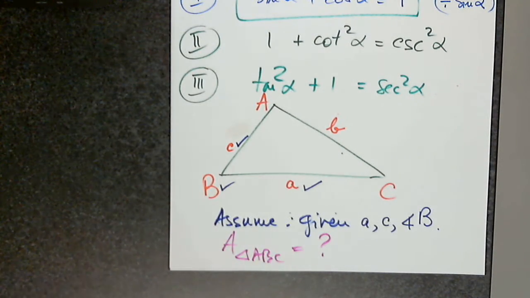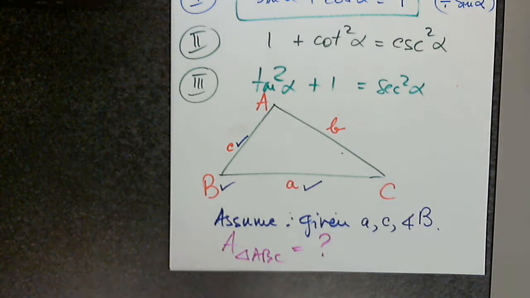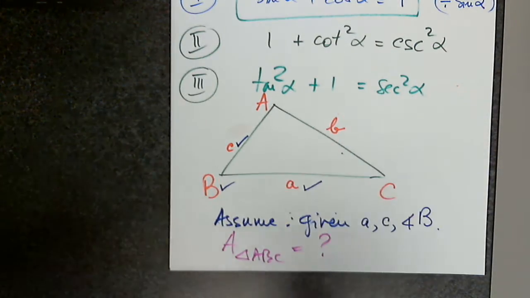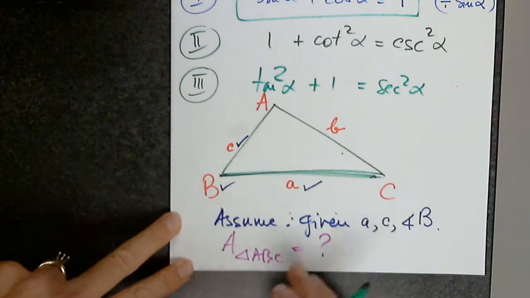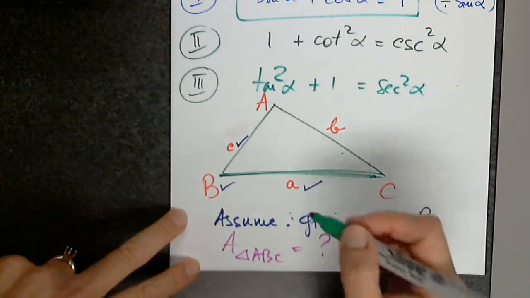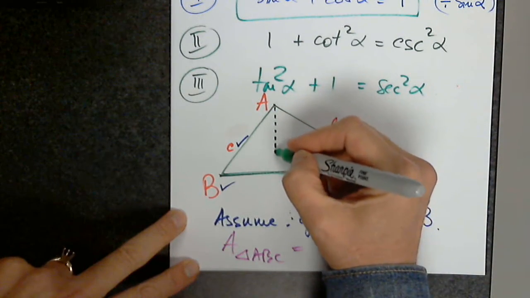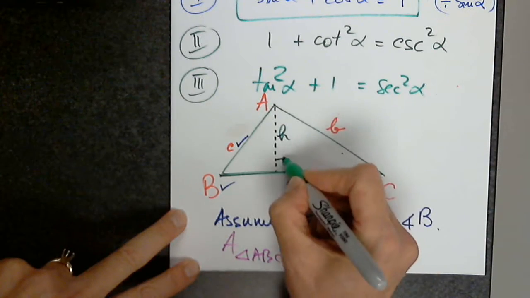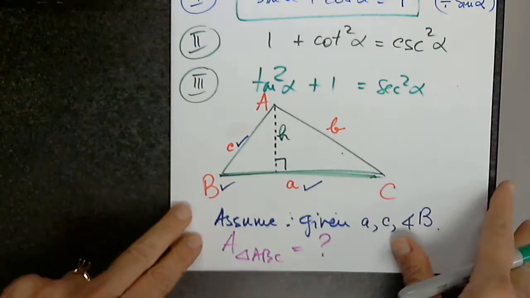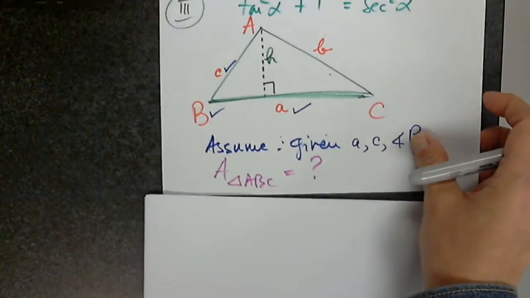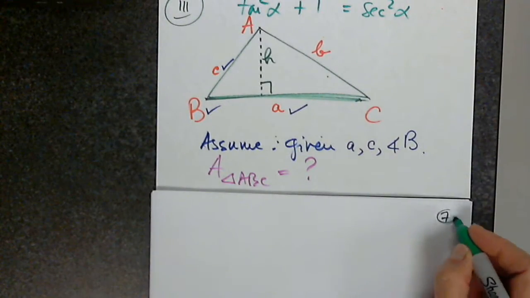Here's how I'm going to do it. I know that in order to find the area of a triangle, I have to have the measure of the base, and I have to have the measure of the height. Anyone remembers the formula for the area of a triangle when we have the base and the height?